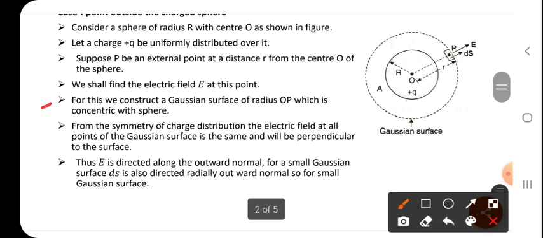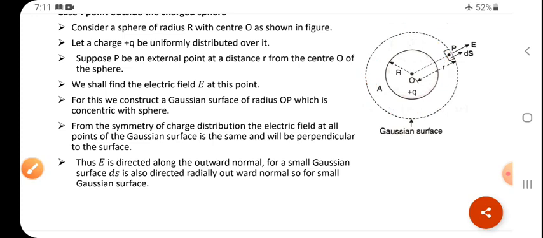Now for this, we construct a Gaussian surface of radius OP. See, from here to here the distance is r. By considering this point, draw one Gaussian surface. A Gaussian surface is always drawn as a dotted line.